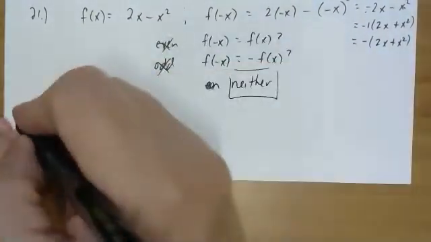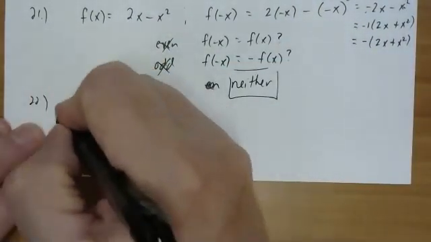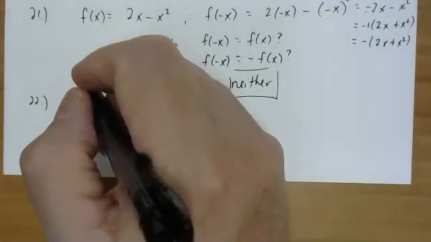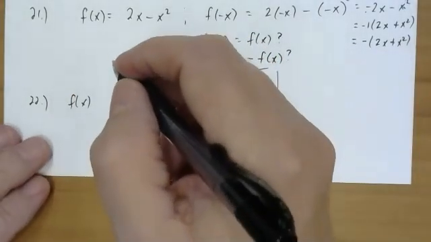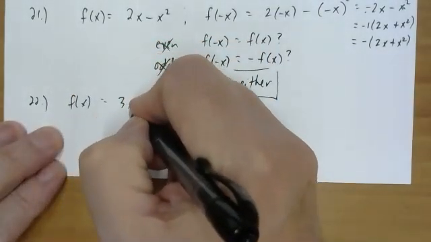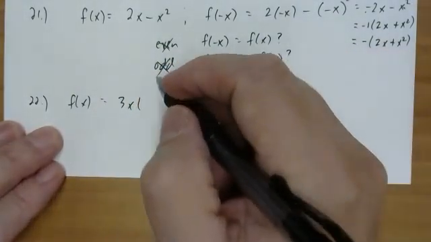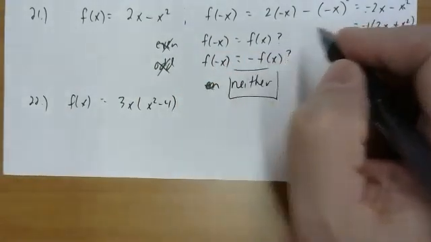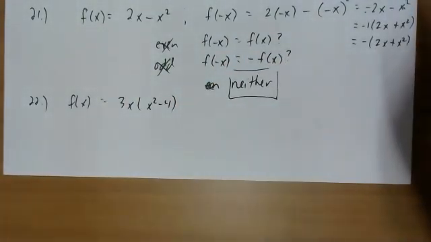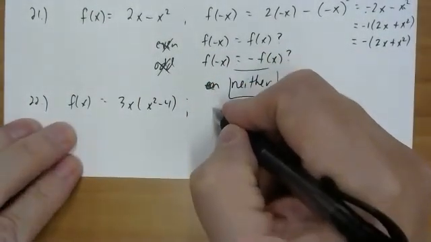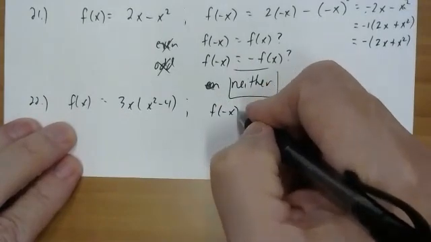Let's look at 22. Same question. Here's the function: 3x times x squared minus 4. Let's see what f of negative x is going to be equal to.